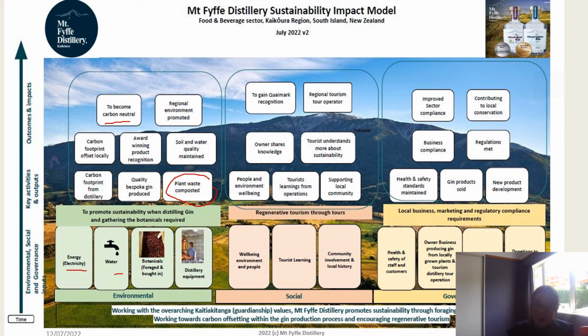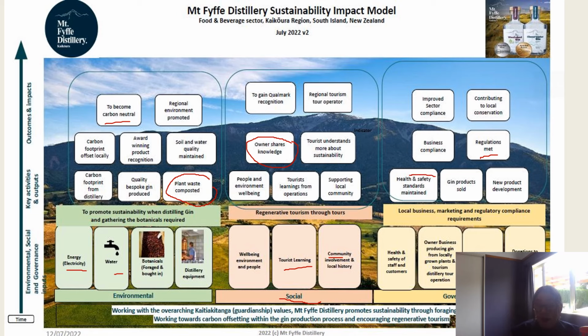And then socially, it was really important for her that she have tourists coming and that she educates the tourists about being environmentally sustainable, works with the community, and supports and shares her knowledge with tourists in the community. And then from a governance point of view, she's got some regulations to meet.